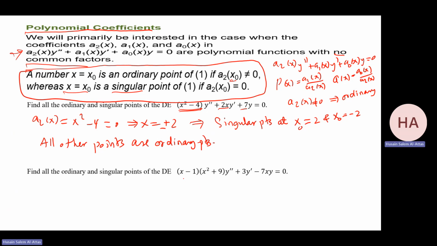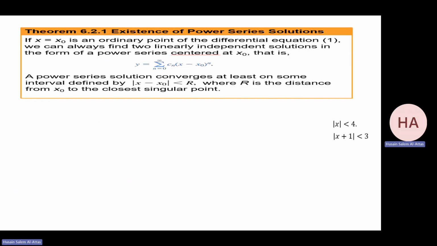The same thing here. I'm concerned only about this. So I have a2 of x is x minus 1 times x squared plus 9, and I make it equal to 0. So I'm getting x equal 1 or x equal plus or minus 3i. So it means what?